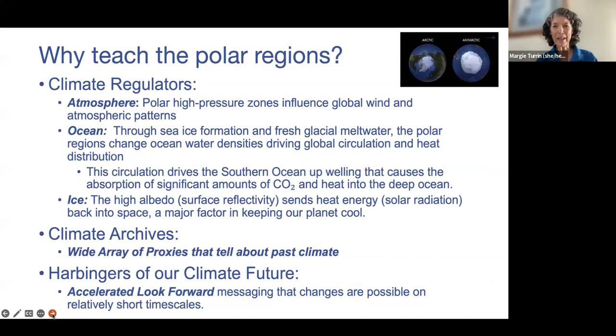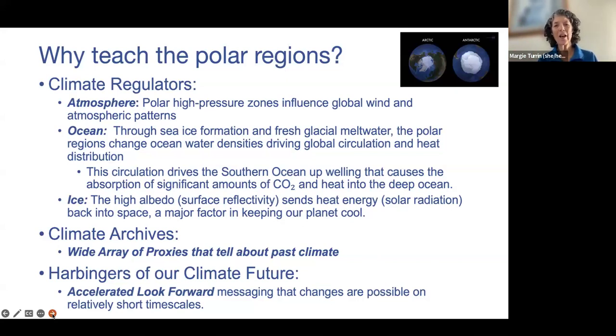So in terms of climate regulators, we just mentioned a little bit how atmosphere, these high pressure zones, influence winds and atmospheric patterns, and everything is transported to the poles. So very much a part of our global climate with that global transfer of winds.